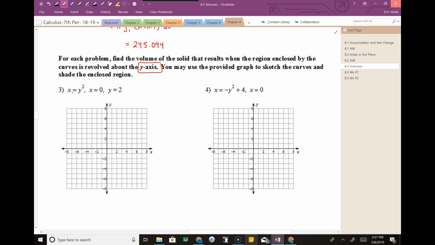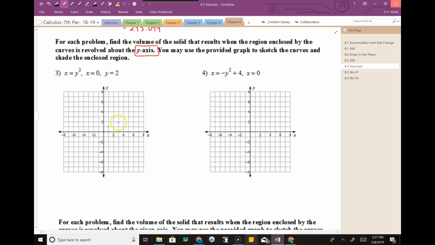Anybody know what that looks like? It's a parabola, but it's turned on its side. So if it's in terms of y, everything just gets turned over. Okay, what does x equals 0 look like?